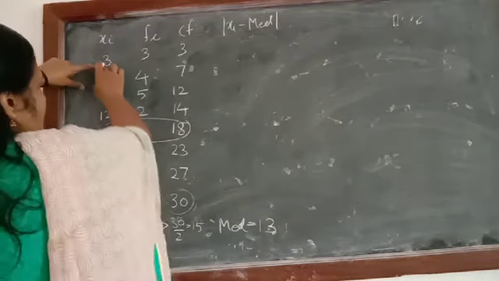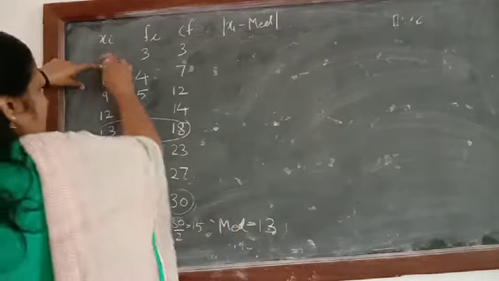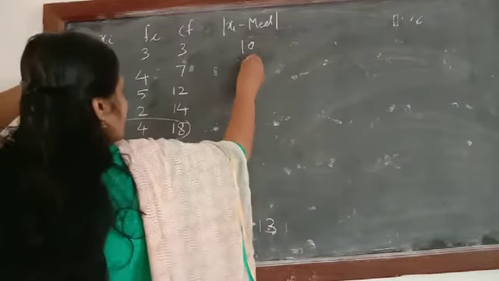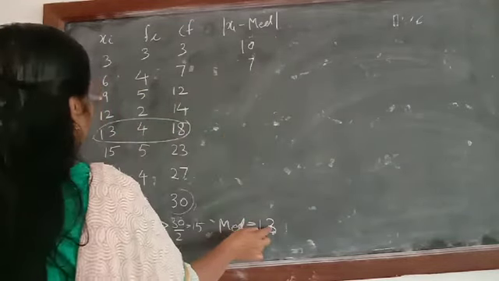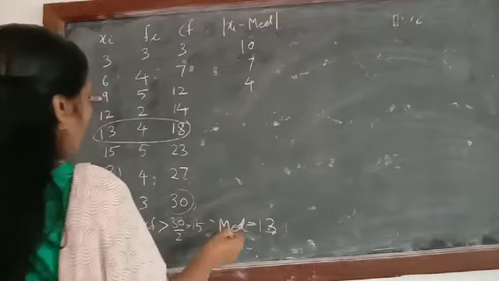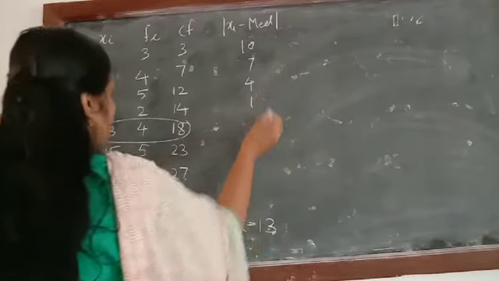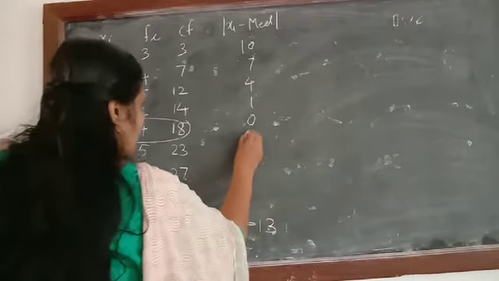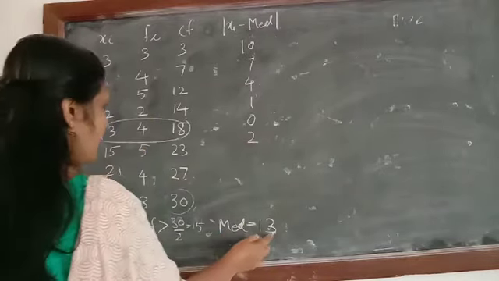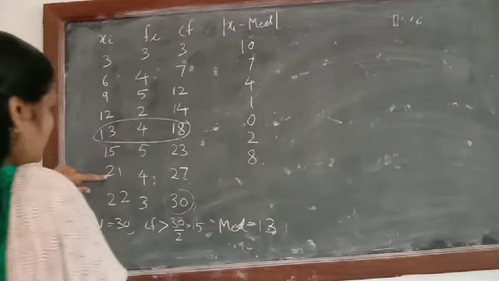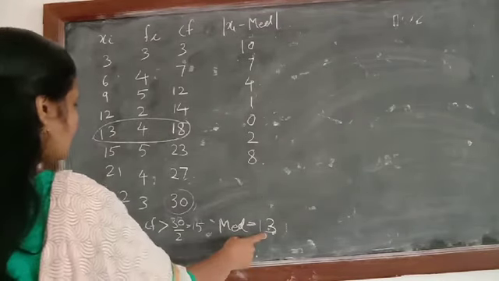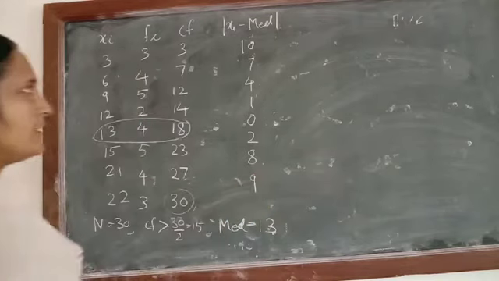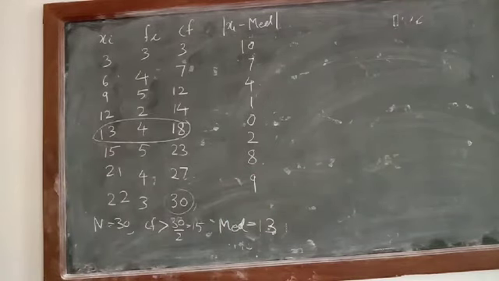Now we start the subtraction: 13 minus 3 is 10. 13 minus 6, 7. 13 minus 9, 4. 13 minus 12, 1. 13 minus 13, 0. 15 minus 13, 2. 21 minus 13 is 8. 22 minus 13 is 9. So in this way we got the subtraction.